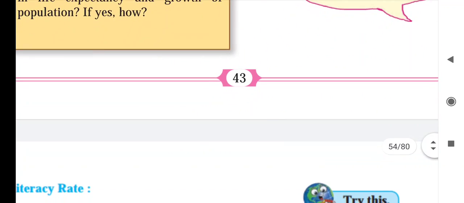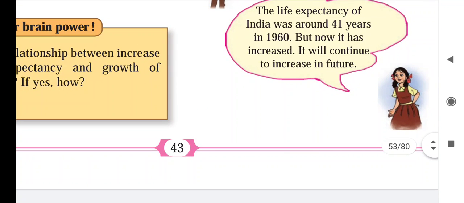So see, students, that is the discussion: in future more facilities will come, and people's living standard will increase. The living standard will increase if economic development takes place due to industries, trade and transportation. When economic development happens, the living standard will also increase.